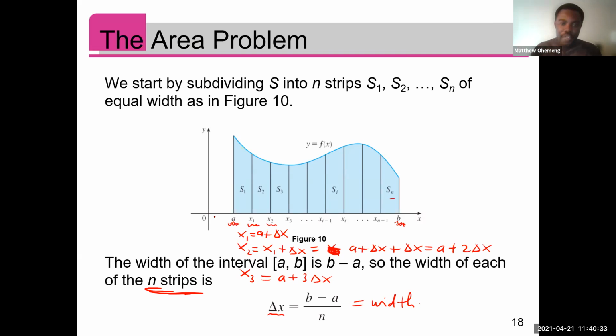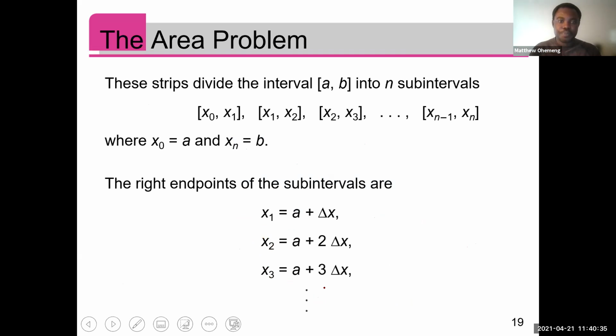Okay, so we figured out some two important things here. Now, if we look at the sub-intervals for the strips, we are getting x0 to x1, x1 to x2, and so on, up to x sub n minus 1 to x sub n. We are denoting the beginning point as a and then the end as b, right? Now, this is just showing you what I said earlier on.